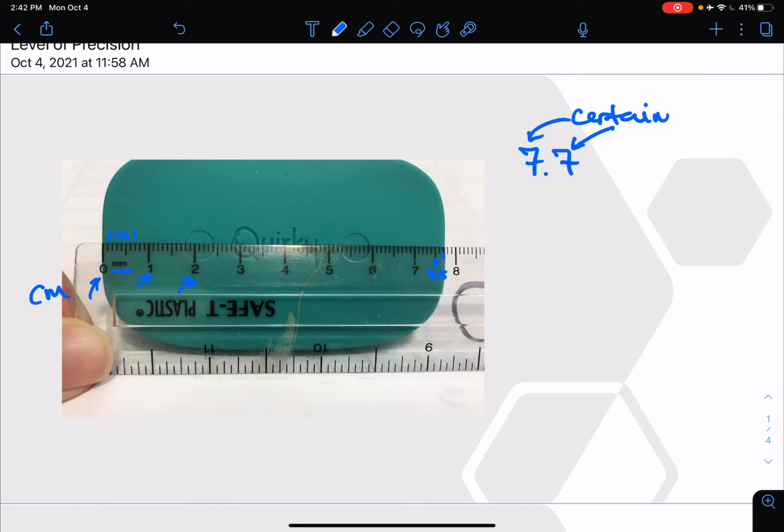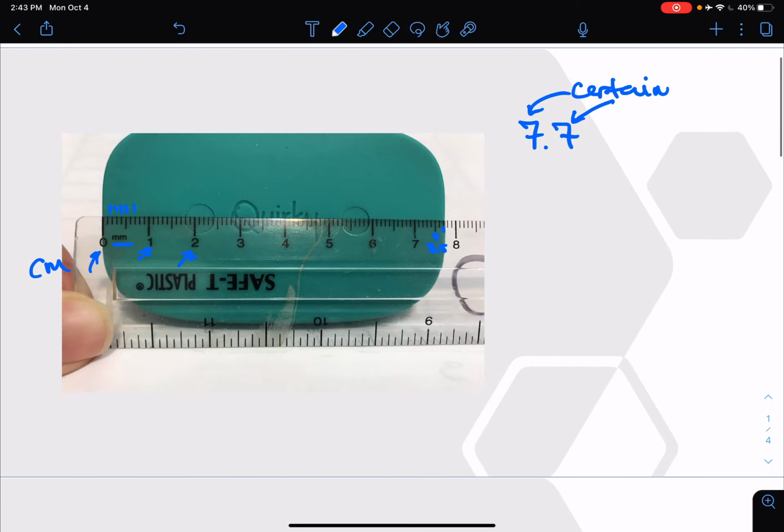But the next step is something that a lot of students don't like to do. A lot of students don't like to make an estimate or a guess and go another digit. They just like to stop right here. That's pretty normal. But in science, we need to go another digit. So if you take a look at this, and let me go ahead and erase this right here.